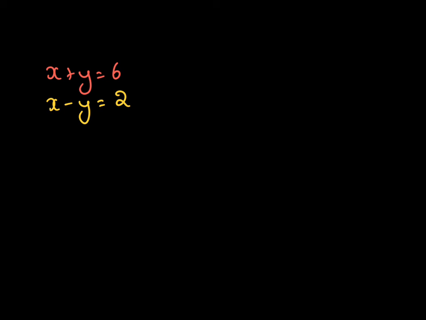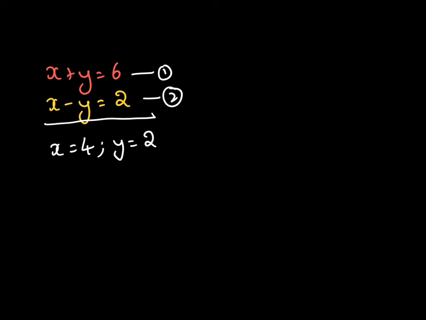If you take equations 1 and 2 and solve them, you will get x as 4 and y as 2. So the number is 42.